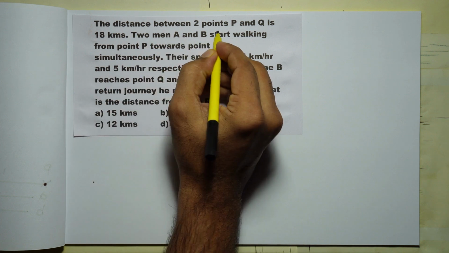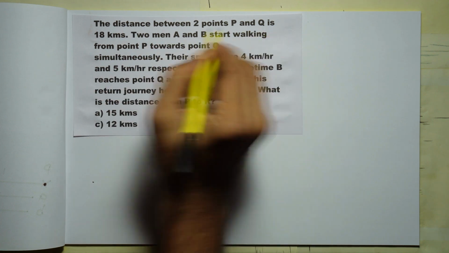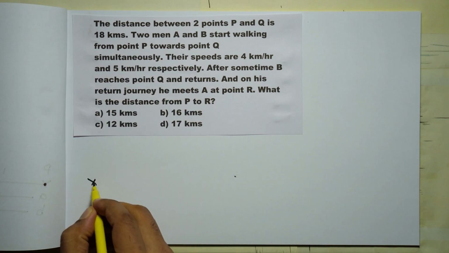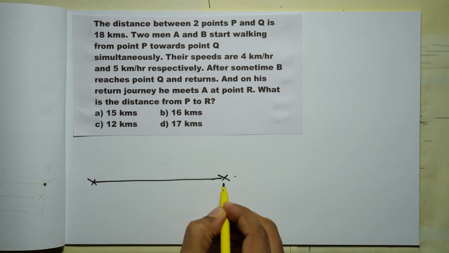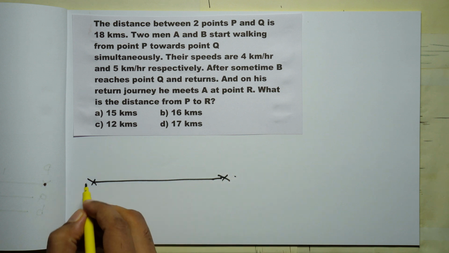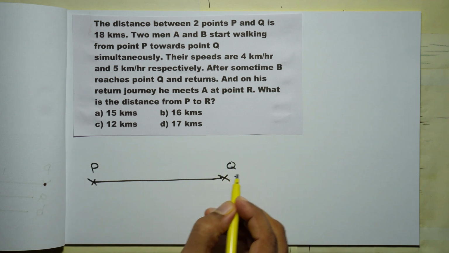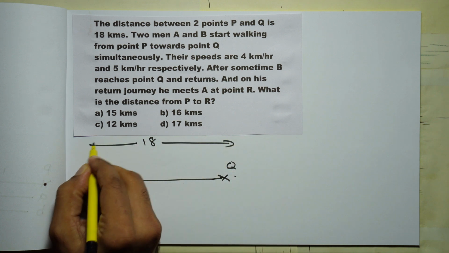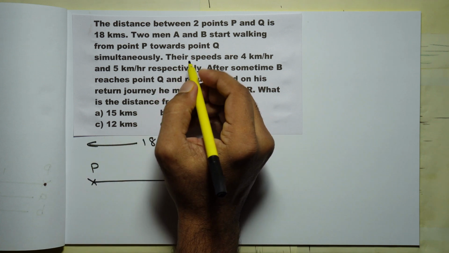The distance between 2 points P and Q is 18 kilometers. So we'll just mark it here. You have 2 points like this. Now P is here, Q is here, and the distance between them is 18 kilometers. So this full distance is 18 kilometers.